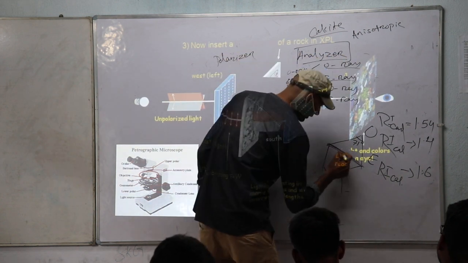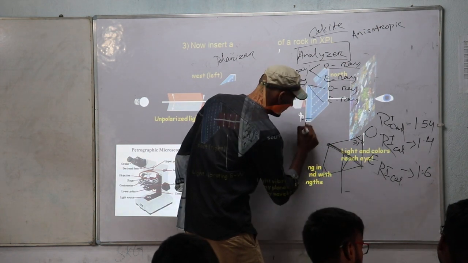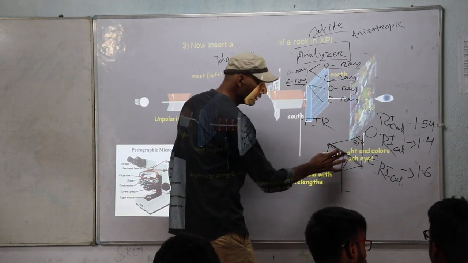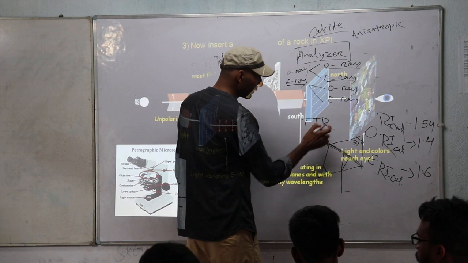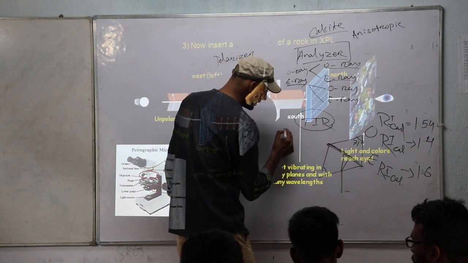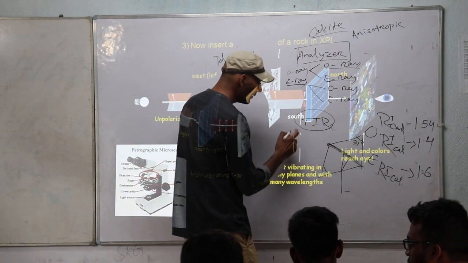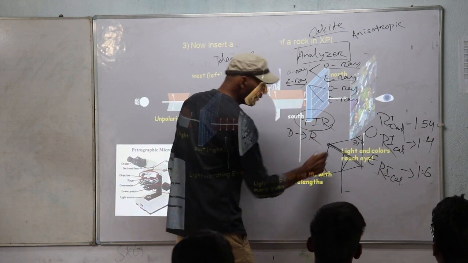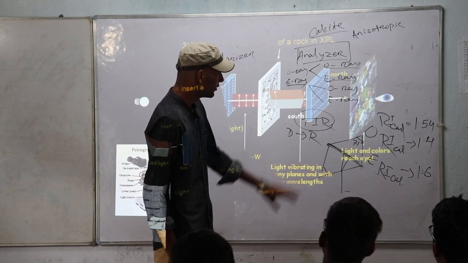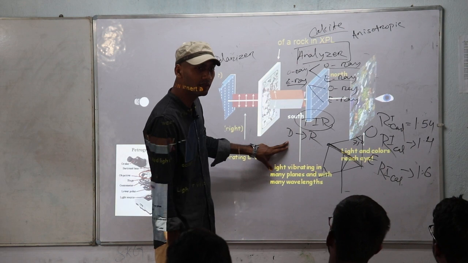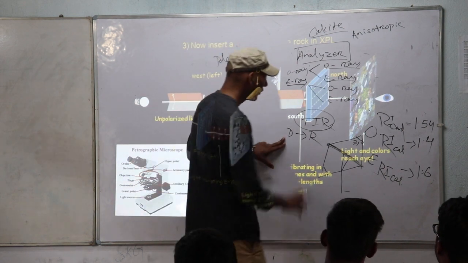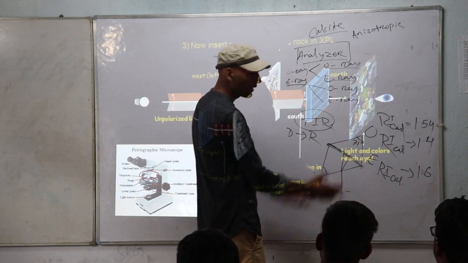See, here the phenomenon occurring is total internal reflection. Total internal reflection requires the movement of the light ray from denser to rarer medium. So the ordinary ray will have the higher index because it passes from denser to rarer medium.